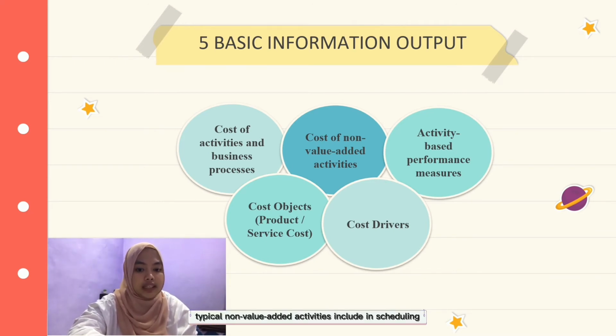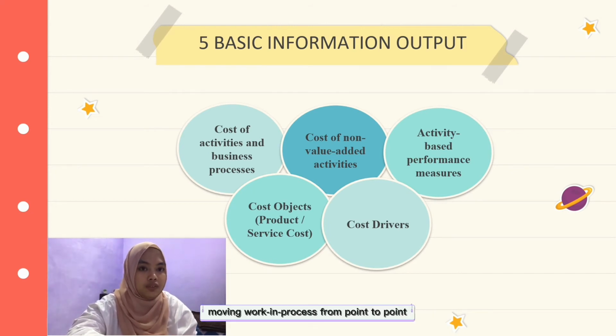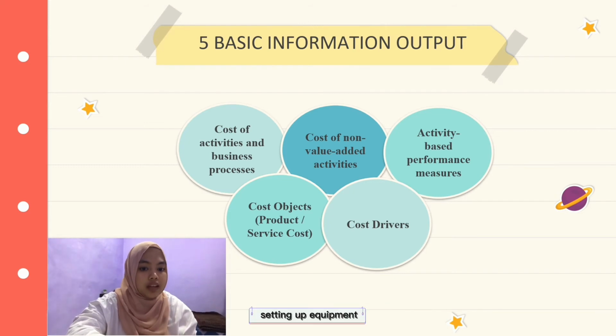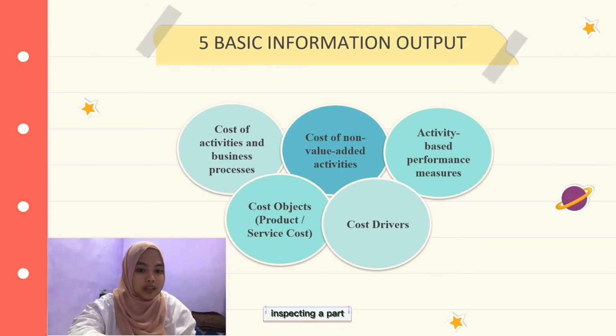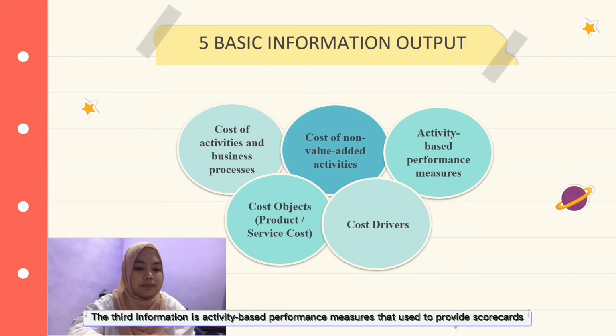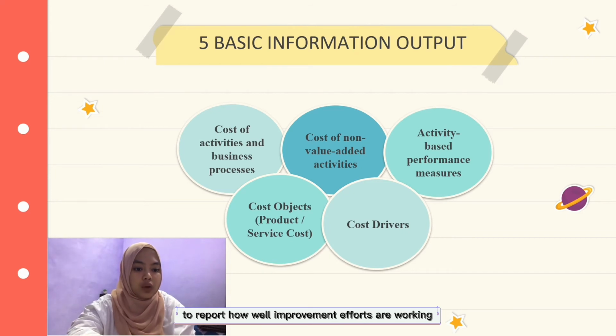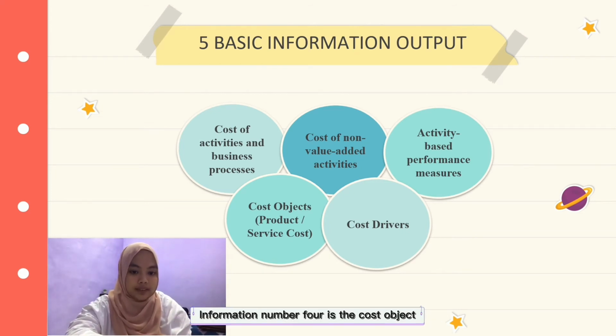Typical non-value added activities include scheduling, moving work in process from one point to another, setting up equipment, recording time spent on a particular job, inspecting a part, and also billing a customer. The third information is activity-based performance measures, used to provide scorecards to report how well improvement efforts are working.